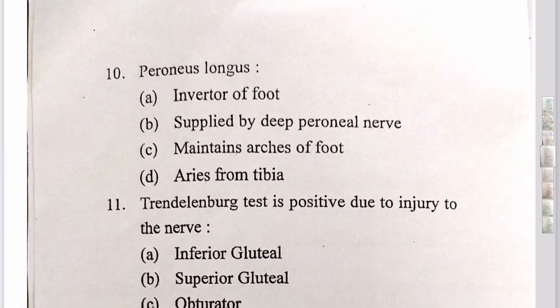Question number 10. Peroneus longus is an inverter of foot, supplied by deep peroneal nerve, maintains arches of foot, arises from tibia. Remember that peroneus longus is a muscle of the lateral compartment of the leg, and it arises from the lateral surface of the fibula above the origin of peroneus brevis. It is through this muscle that the common peroneal nerve divides into deep and superficial branches at the neck of the fibula.